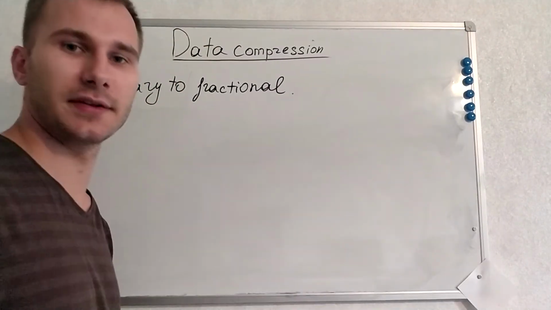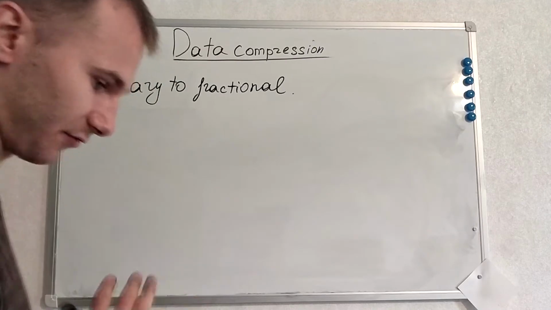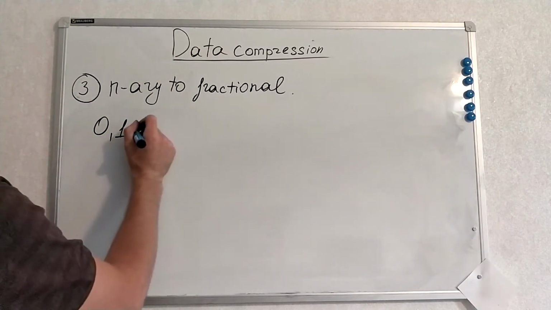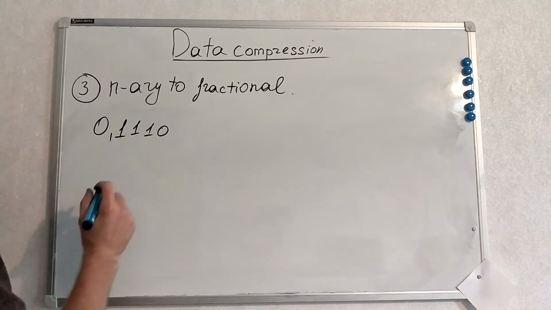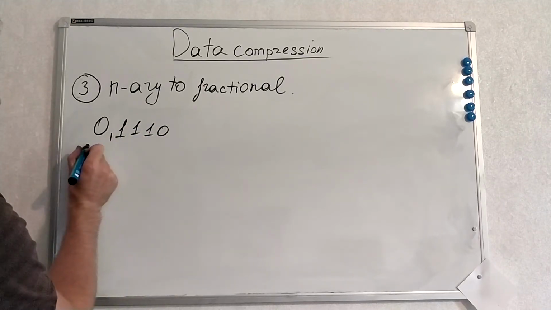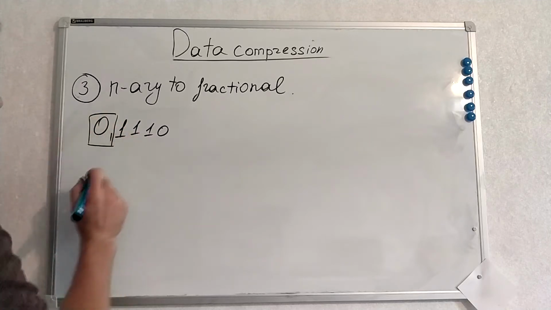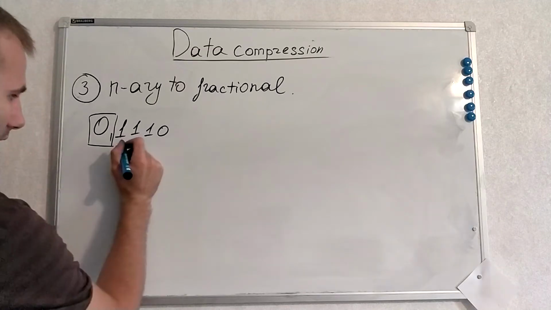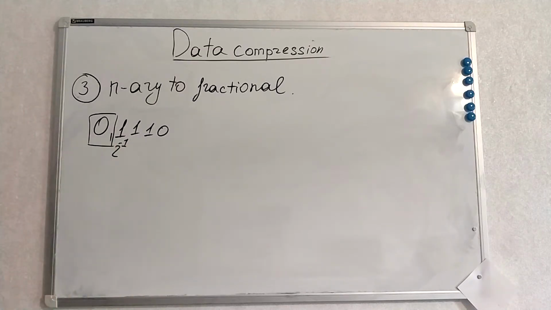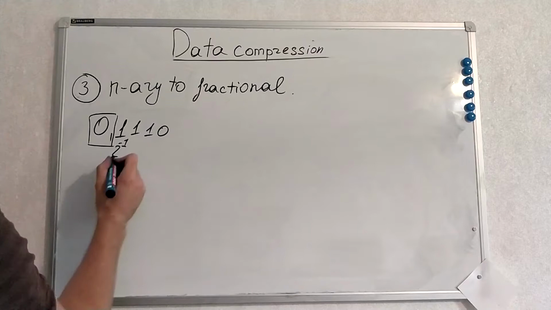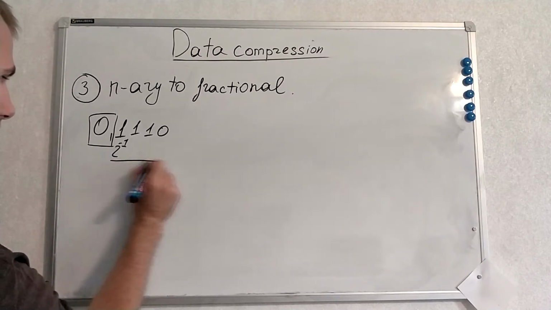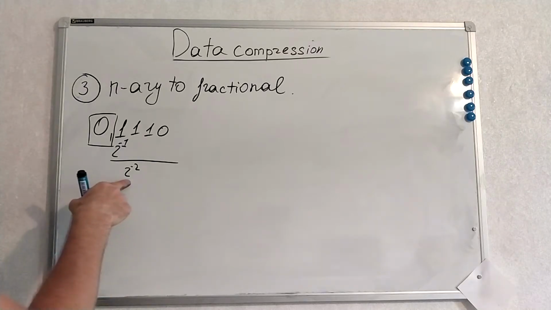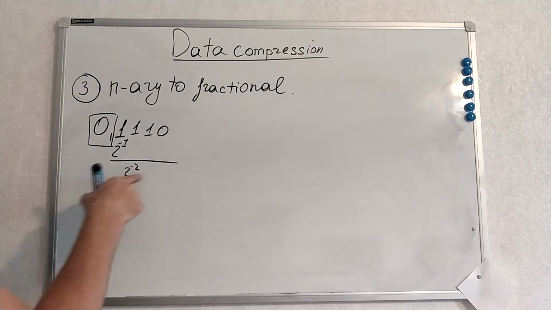I'm sorry, I meant not integer binary, but fractional. Okay, let's say we have this fractional binary number. We just ignore this part. We ignore it absolutely. And we start by giving, same as in the non-fractional manner, the powers of 2, but they're negative powers of 2.